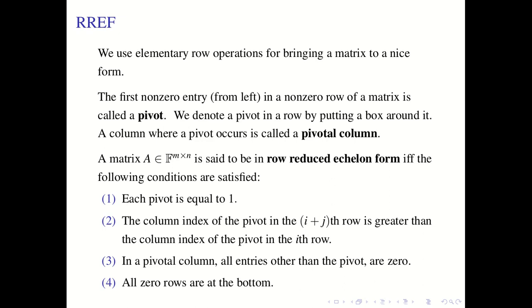Third one, in a pivotal column, all entries other than the pivot are 0, and all 0 rows are at the bottom. If a matrix satisfies all these 4 properties, then we say that the matrix is in row reduced echelon form.